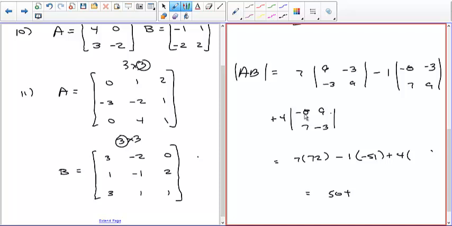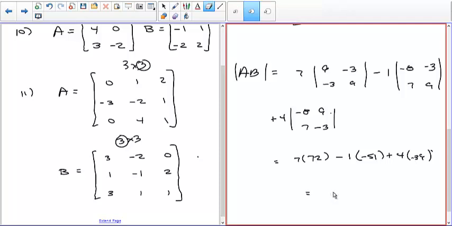And here we have negative 8 times negative 3 is positive 24 minus 63. So 24 minus 63 is negative 39. Okay, let's see what we get now.